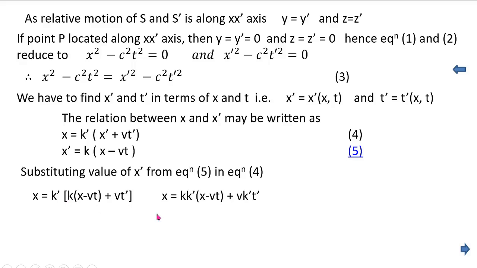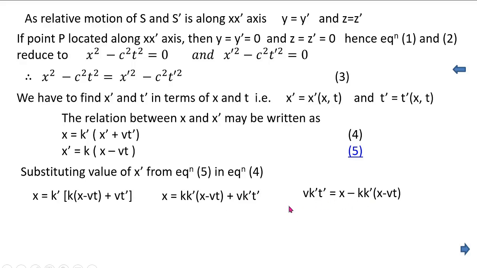Then simplify this. x is equal to k dash multiplied by the first term, k dash k into x minus vt, and multiplying k dash to the second term, v k dash t dash. Then v k dash t dash is equal to x minus k dash k into x minus vt.